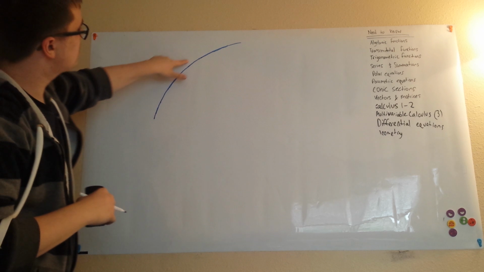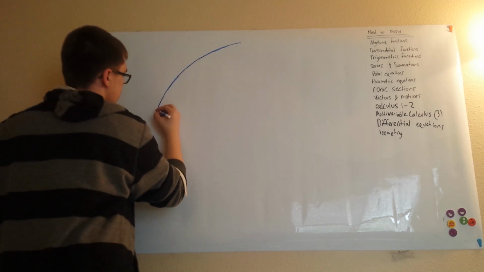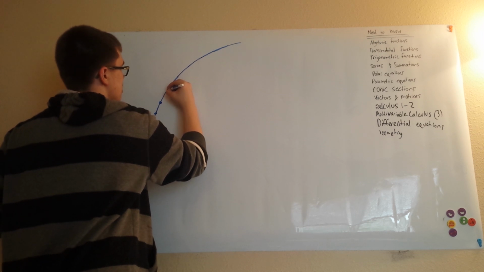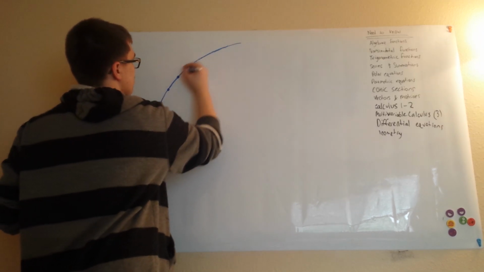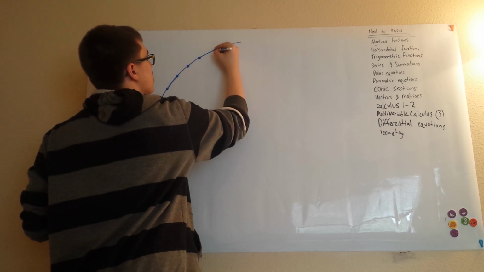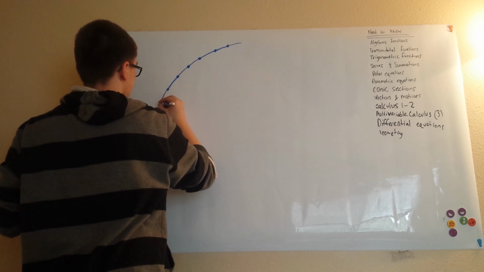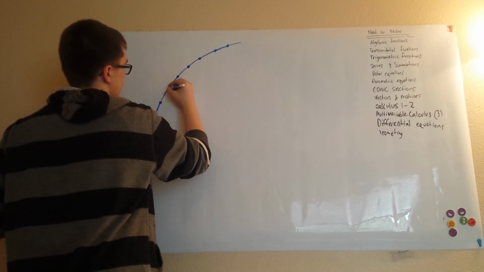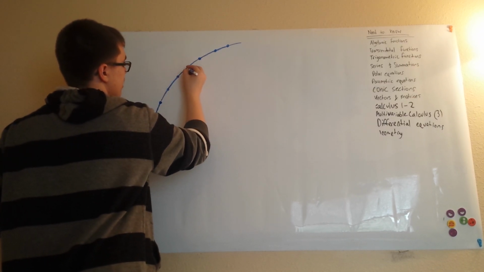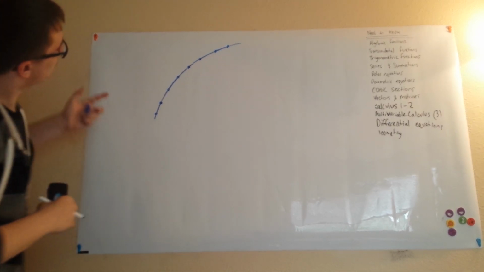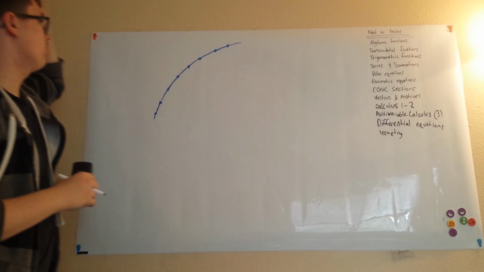Notice how you can't even see the difference. These are the points, and I'm going to make a segment out of each of these points. Notice how accurate this results in the actual length of this curve. It makes it very accurate.